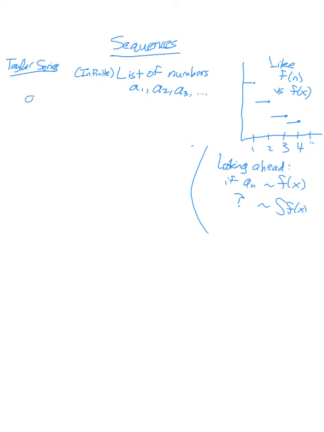an equals n, for example, represents this list. So a1 equals 1, a2 equals 2, and really it's just this list, right? 1, 2, 3, 4, 5, and so on. It's this infinite list of numbers, which you could plot like so.